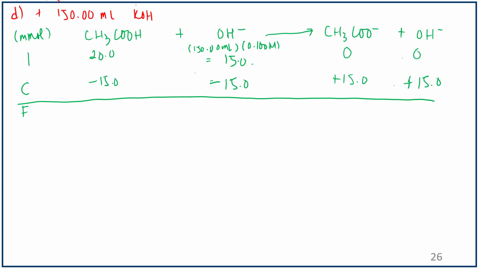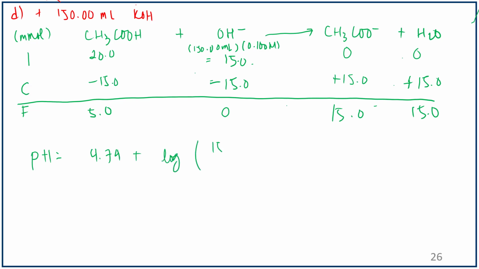And in the end we will get 5.0 millimoles of acetic acid, nothing left of the hydroxide, and 15 here for acetate ions. This one will be 15 as well, but we don't really care about it, because this is not OH minus, sorry, this is water. After that we calculate the pH. pH is equal to 4.74 plus log of 15.0 millimoles divided by 5.0 millimoles.